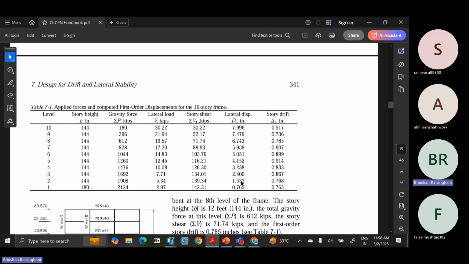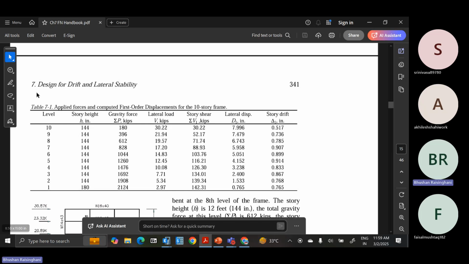That will give this minus this minus this. So 3.2 minus 2.4, 4.1 minus 3.2, 5 minus 4.1, 5.9 minus 5. So it will be 0.907. That way you will get the story drift as per the definition mentioned above in the first page. So you got the story drift, and this table got generated for the frame building.